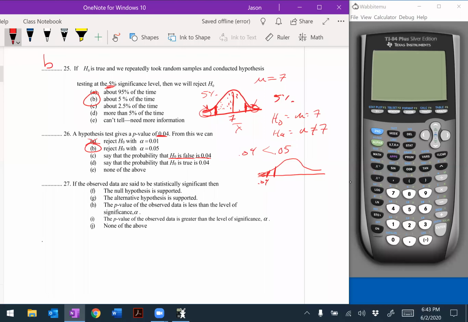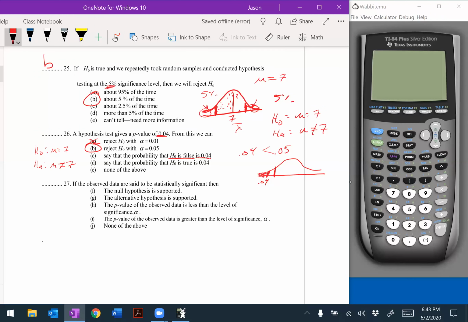We say that the probability that H0 is false. Let's think of this. H0, we'll say again that we'll just run with a mu. Mu equals 7, HA mu is not equal to 7. If I run and get a p-value, what does that p-value tell me?